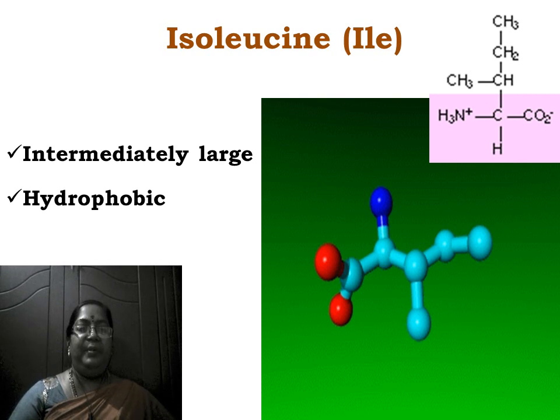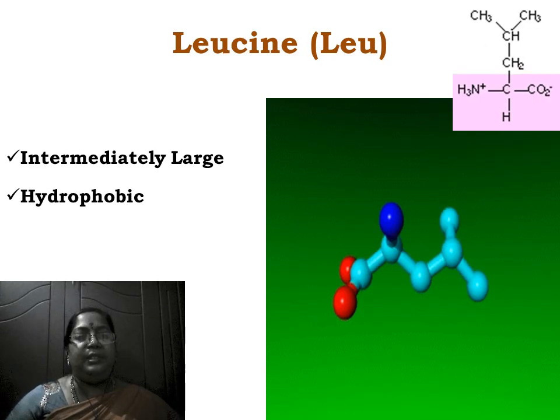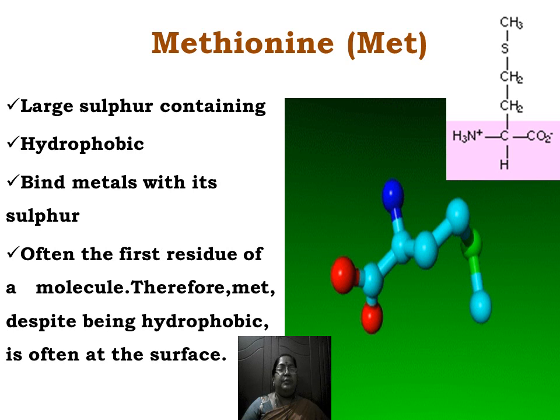Isoleucine is intermediately large in size and it is a hydrophobic amino acid. Lysine is a large amino acid which has hydrophilic nature. It is positively charged and the side chain is very long and flexible. And leucine is intermediately large in size and it is hydrophobic in nature.